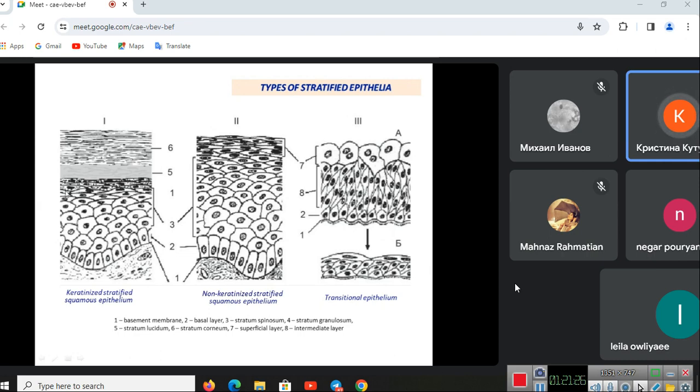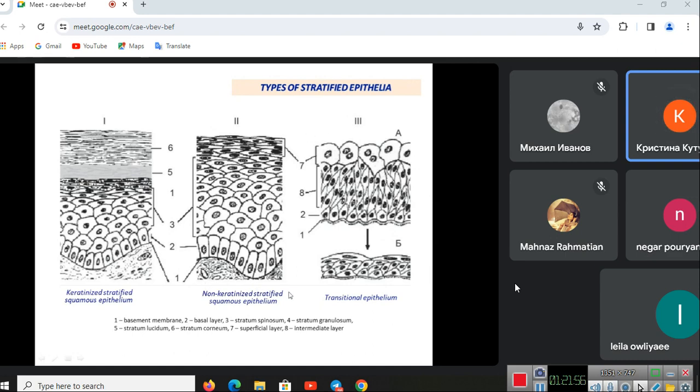The cytoplasm of these cells is filled with small granules, so this is why it is called so. Next goes stratum lucidum. Lucidum means light looking, and the most superficial layer is stratum corneum. And this layer contains only dead squames, no living cells here.